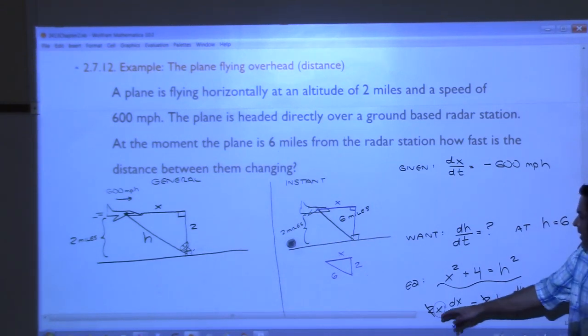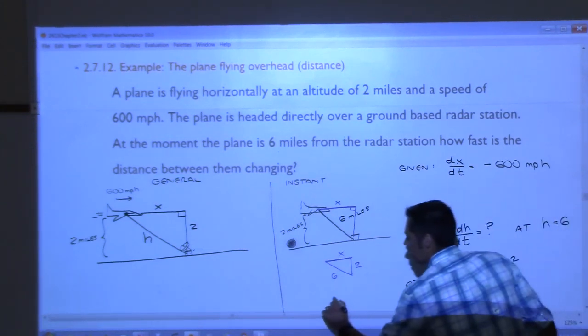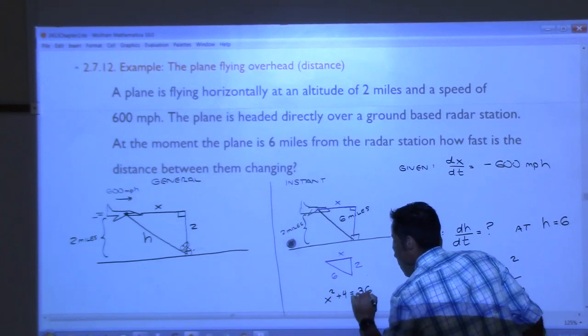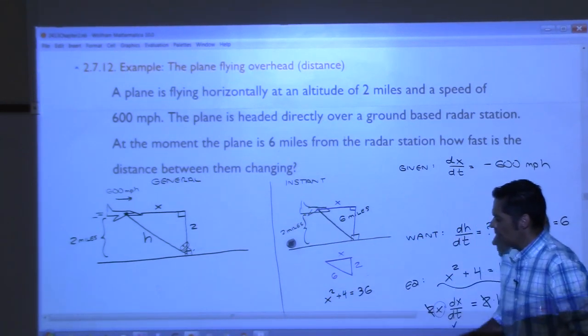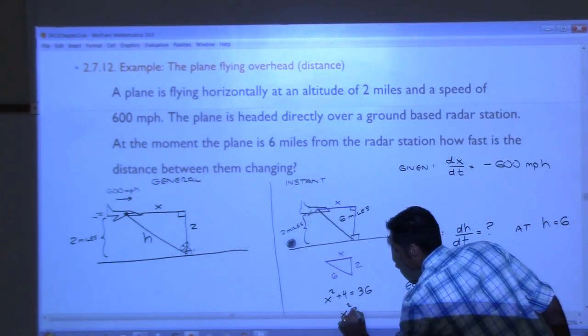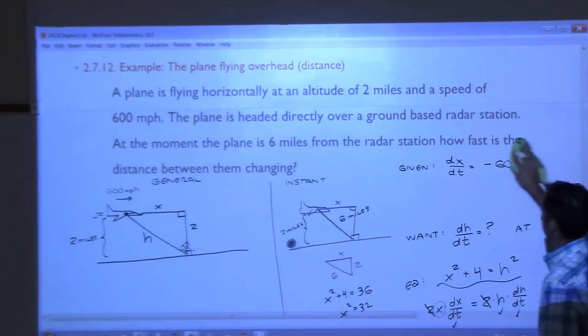I need x, but I got to go work for it a little bit. So this tells me x squared plus 4 equals 36. When I square everything out and move the 4 over, x squared is 32. All right, take the square root on both sides, so x is root 32. So I'm there.